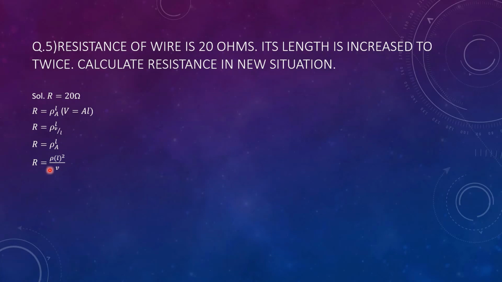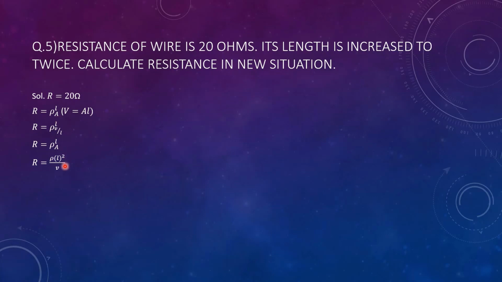R equal to rho L square upon V in this step. If L is shifted to numerator, then L into L becomes L square. Resistance, resistivity as it is, L into L, so it becomes L square upon V.